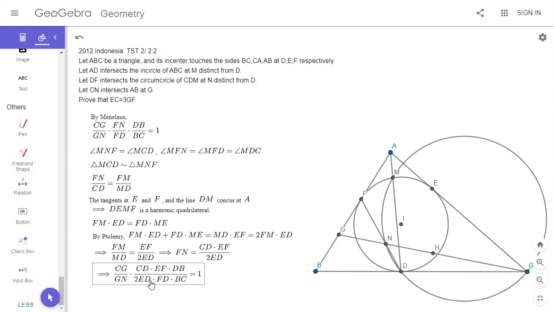So yeah, if we combine BD and FD, that ratio is like sine B over 2. And then we have a sine B over 2, a cosine B over 2.